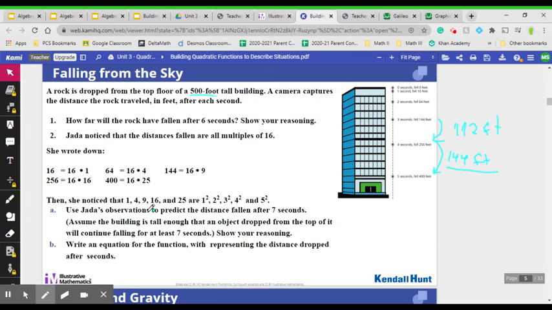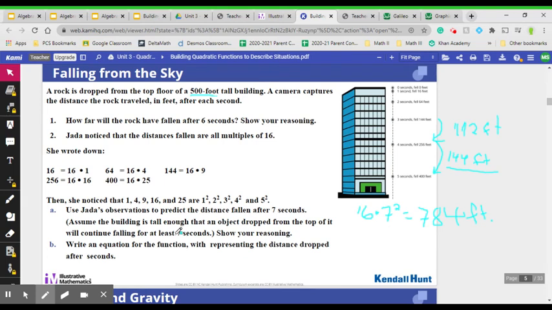So for part A, use Jada's observations to predict the distance fallen after 7 seconds. We could just do 16 times 7 squared and put that into our calculator, and we would see that the answer is 784 feet. And that would be your answer for part A.